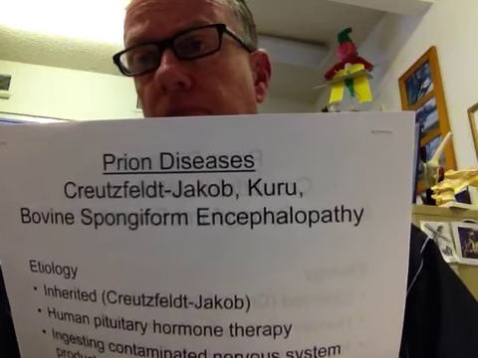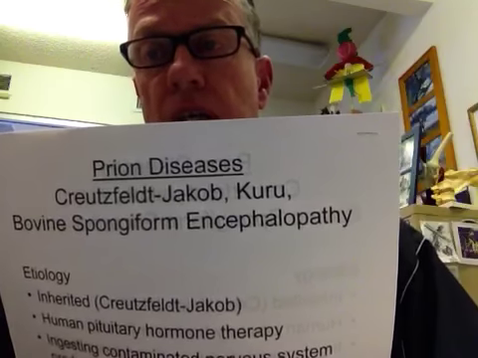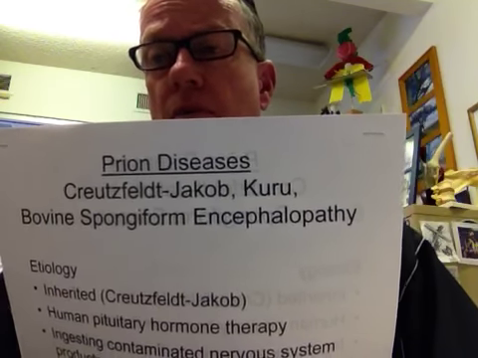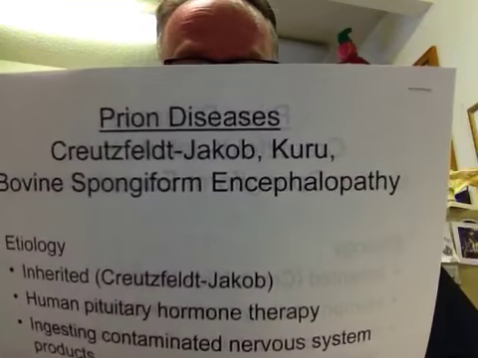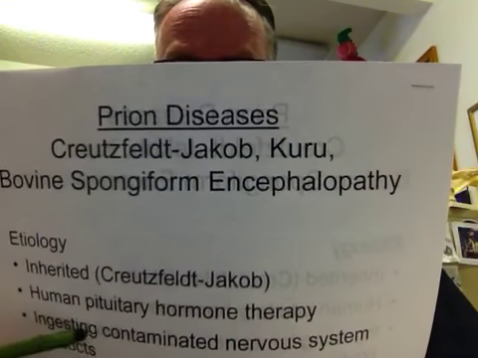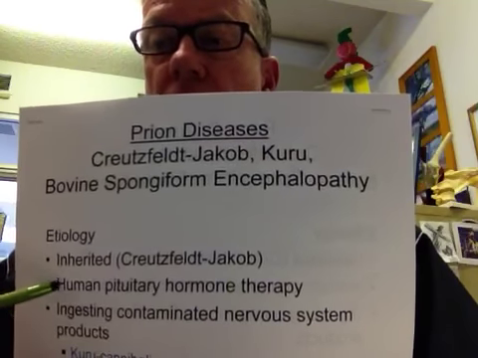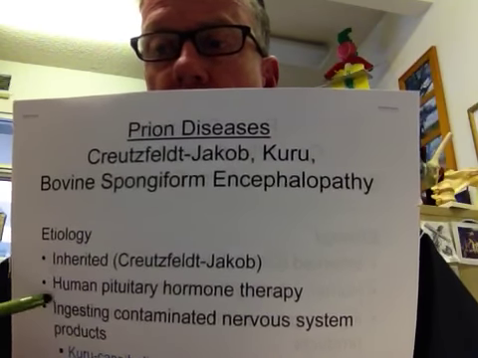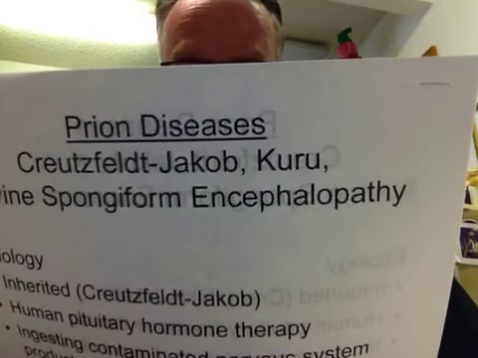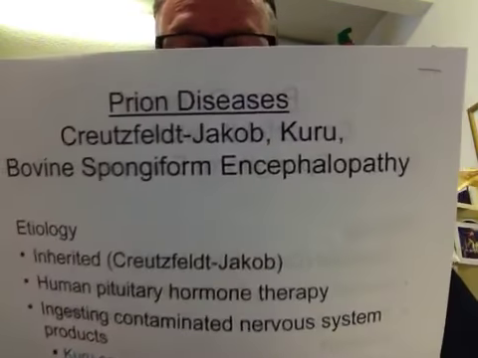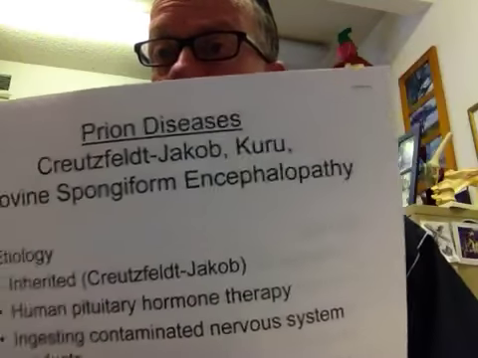People of Middle Eastern ethnicity have a greater problem with this, particularly the Jewish race. Ingesting of contaminated nervous system products, that could be, like I said, cannibalism, or it could be in another mammalian form. And I've provided for you some video that helps you put this in your long-term memory.